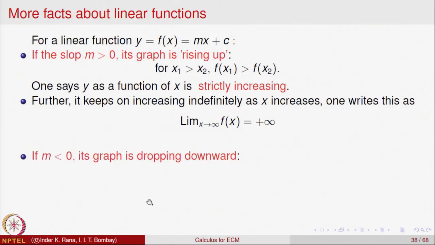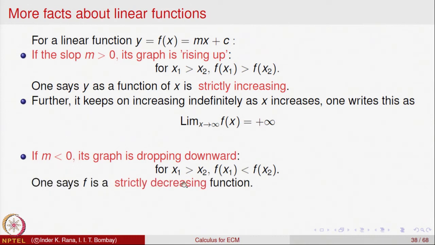Similarly, if m is negative, then the graph is dropping downwards. Then as you move from left to right, that line, that graph, should be coming down. So, it should be sloping down, dropping downwards. In mathematical terms, we say the function is strictly decreasing.